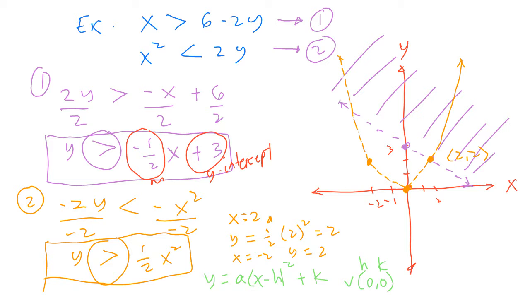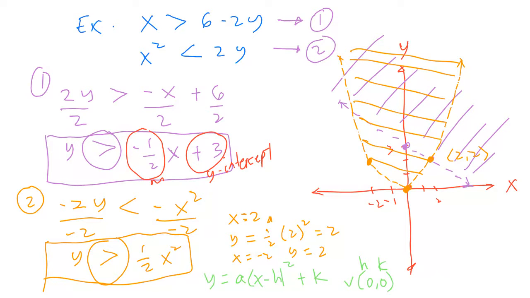Same with the line that we created a while ago from the first inequality. And then since that's greater than, so the shading part, which is the solution of the second inequality, is inside the parabola. So that would be this part of the parabola. We're looking at this solution of the parabola.